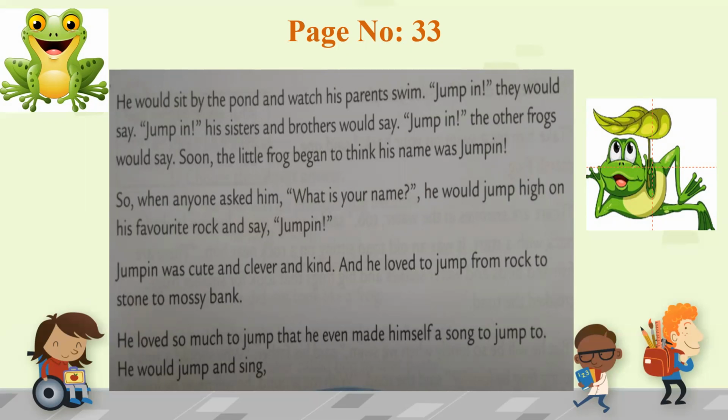Then his brothers and sisters also would say jump in. His friends, the other frogs, also would say jump in. So he thought his name was Jumpin. He mistook the word Jumpin as his name.